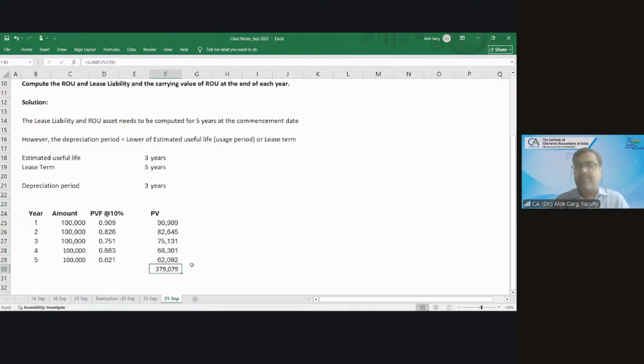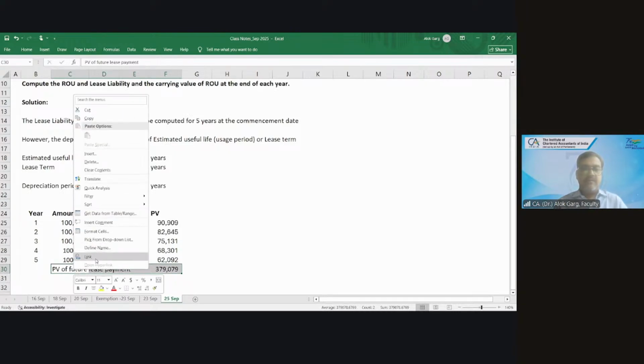Let me complete this question, then you will get the context. So what is my present value of future lease payments? 379. Okay.